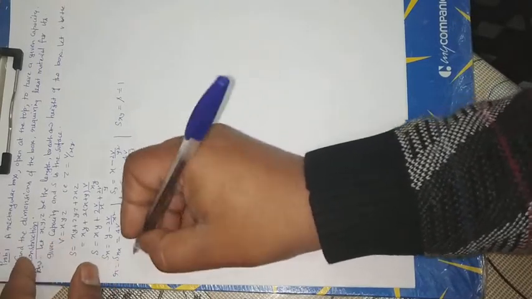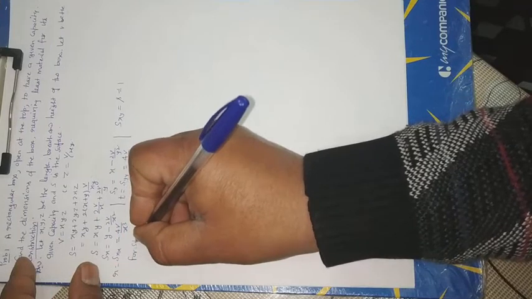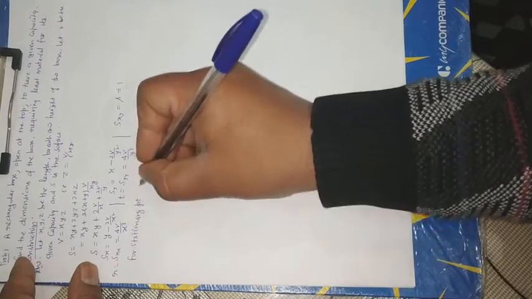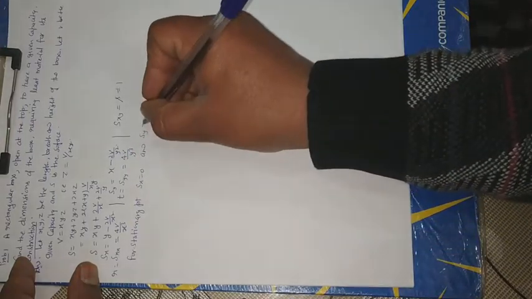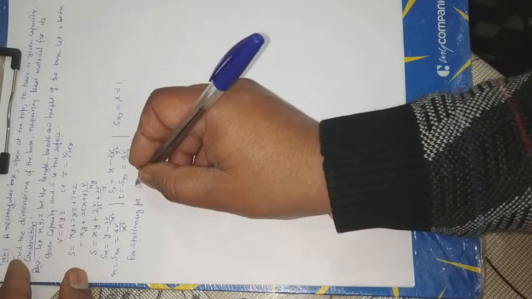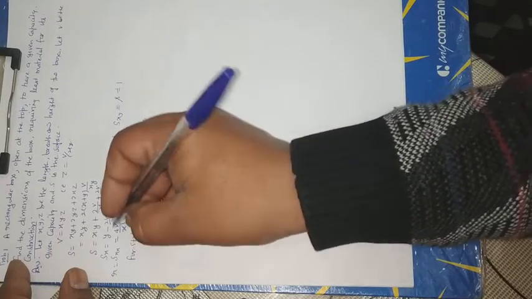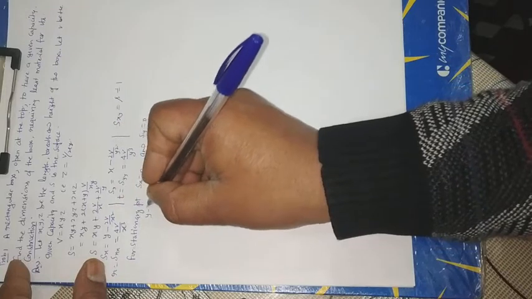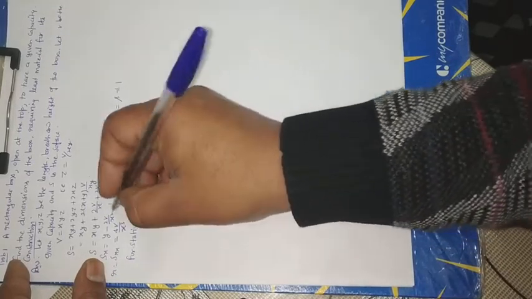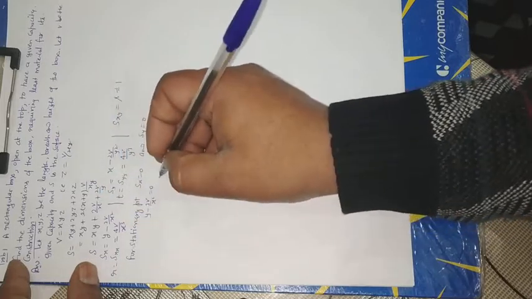For stationary point, Sx is equal to 0 and Sy is equal to 0. Now putting Sx: y minus 2V upon x square equal to 0.